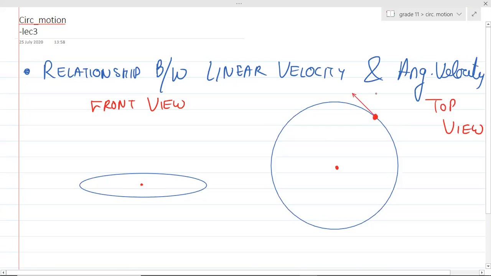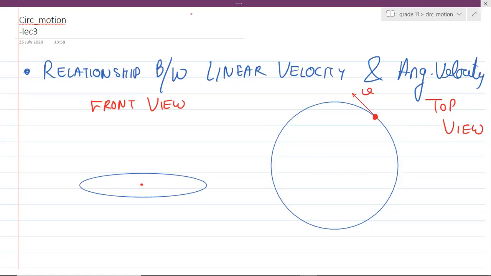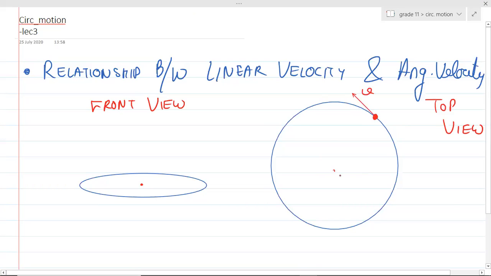Yes or no, guys? Hello? Will the velocity always act tangential to it? Come on, you don't say yes or no. Guys, can you please keep your phone on unmute?